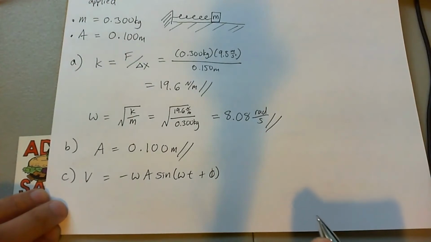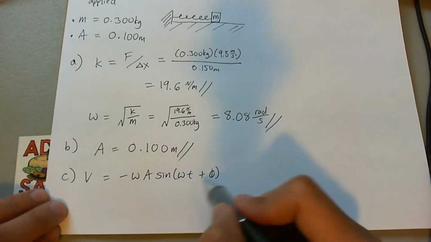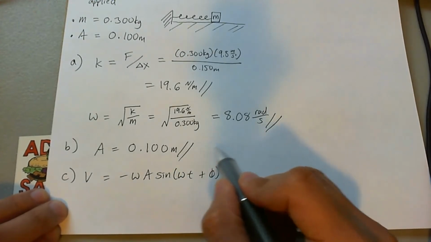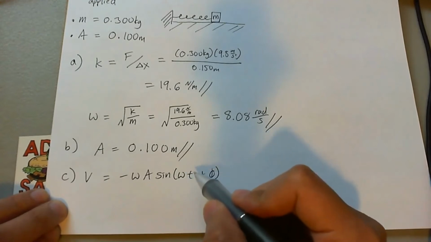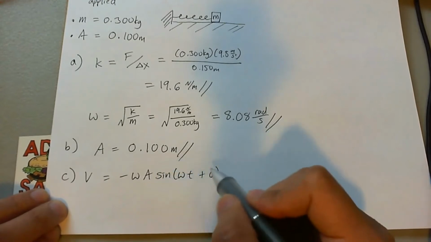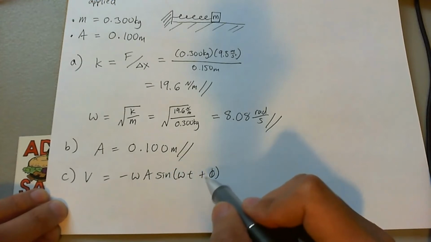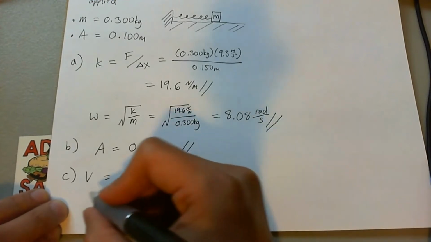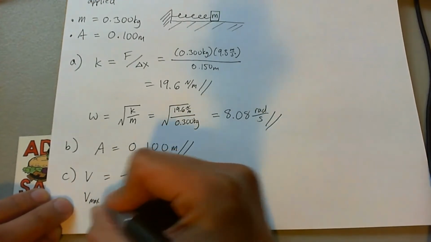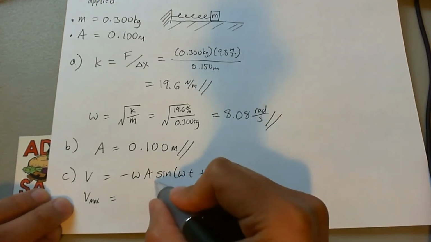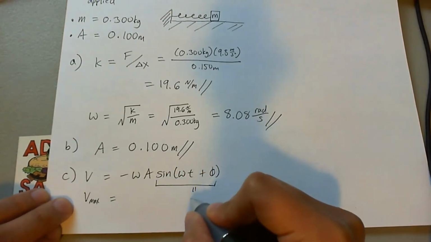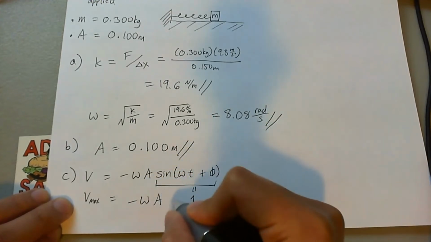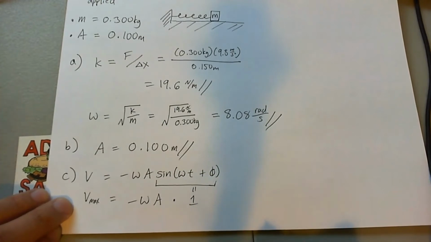What we might have learned previously is that a sine function always oscillates between 1 and -1, and for all time, that's the only range this function can oscillate over. So if you want a vmax, you are essentially saying this sine function is going to equal 1. So vmax equals negative omega A multiplied by 1.